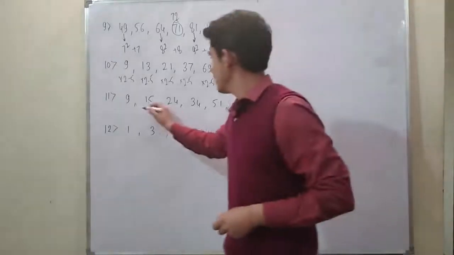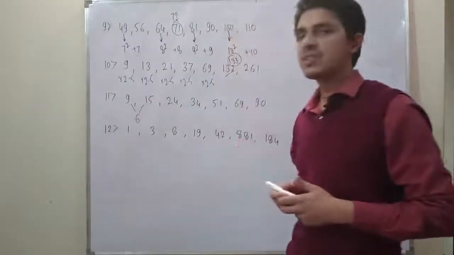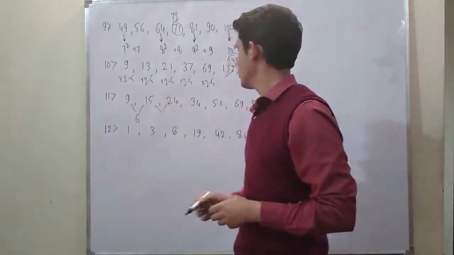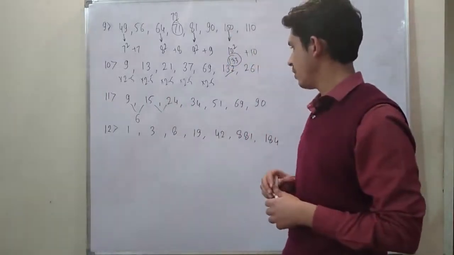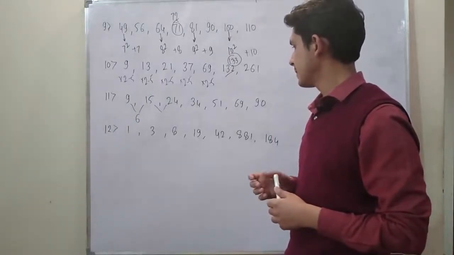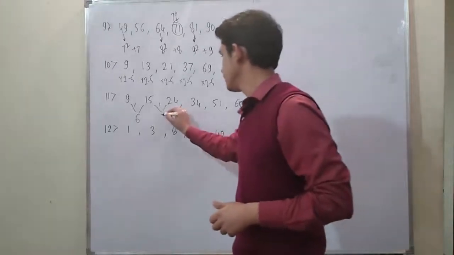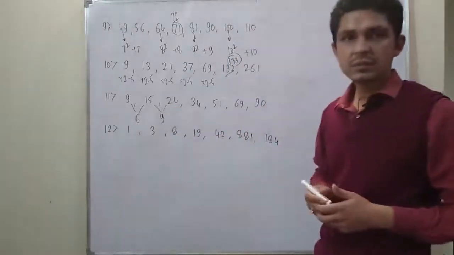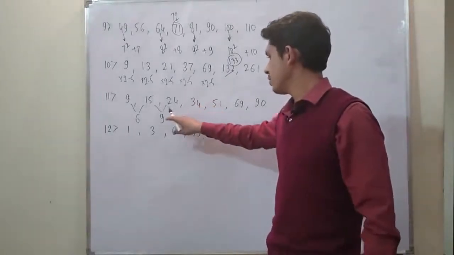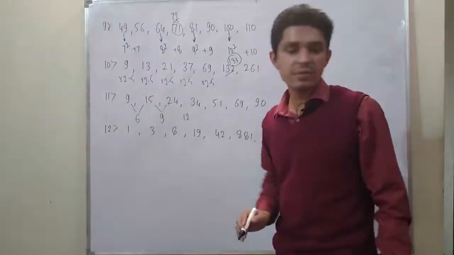So the pattern is, if you look at the difference between 9 and 15, the difference is 6. If you look at the difference here, the difference will be 9, right? And if we look at the difference here, the difference should be 6, 9, the difference should be 12, right?